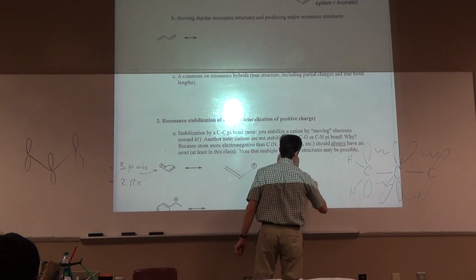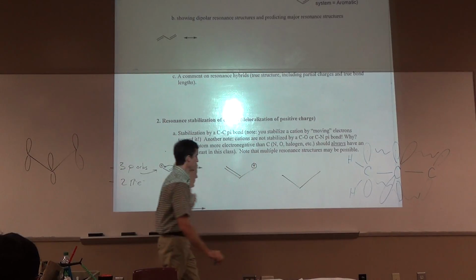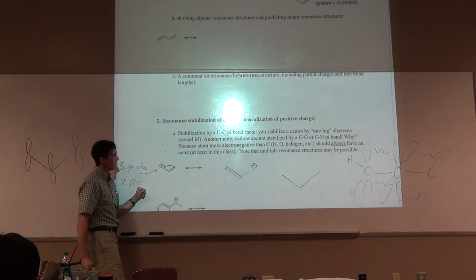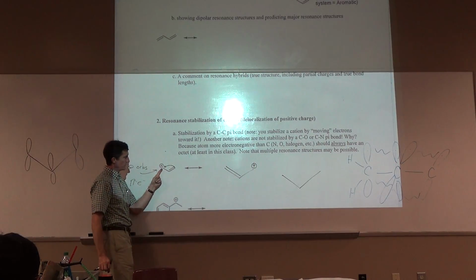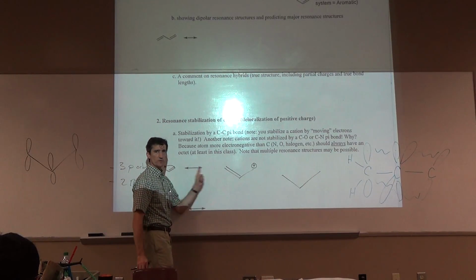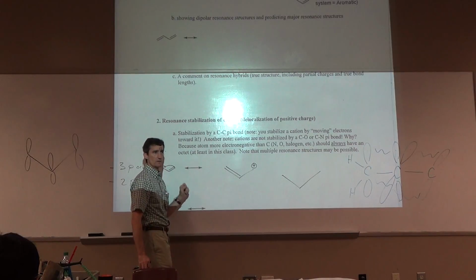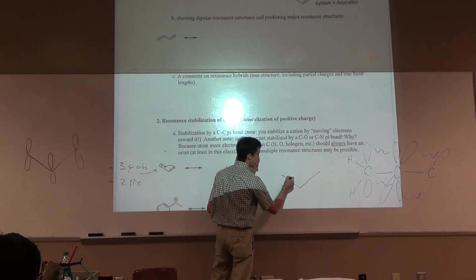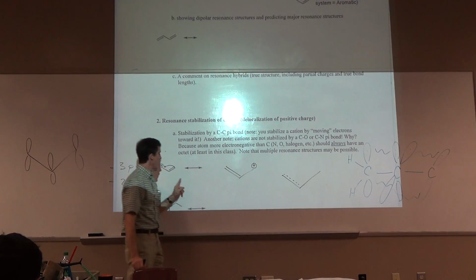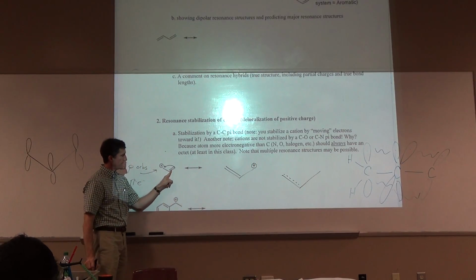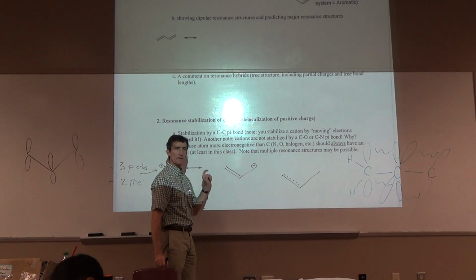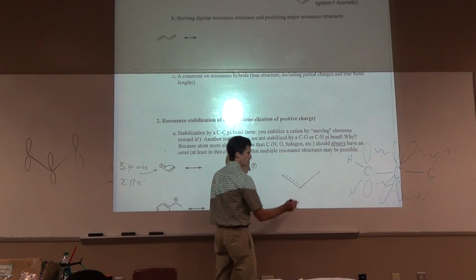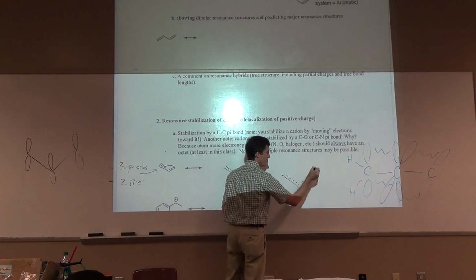A hybrid is where you blend these two together. Between the first and second carbon is single bond, now we have double bond. What's the average of single and double? 1.5. Over here, between 2 and 3, we have double and single. What's the average of double and single? 1.5.